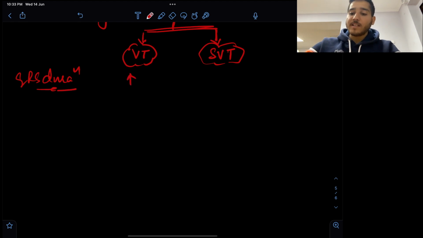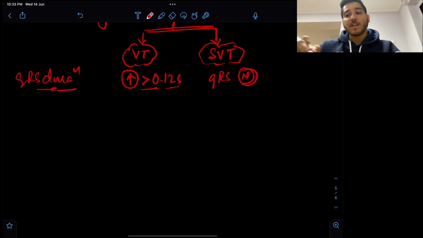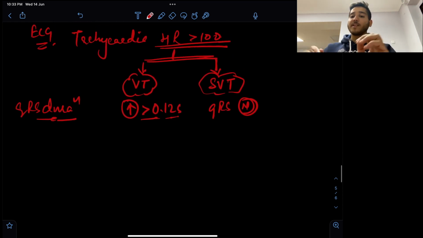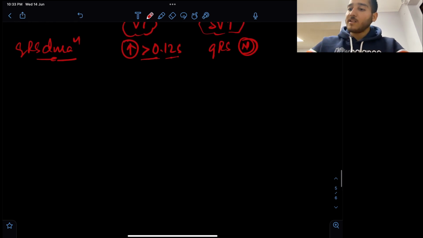If it is increased, more than 0.12 seconds, then we call it ventricular tachycardia. And if the QRS duration is normal, then we call it supraventricular tachycardia. So any patient having tachycardia can be classified as supraventricular or ventricular tachycardia.